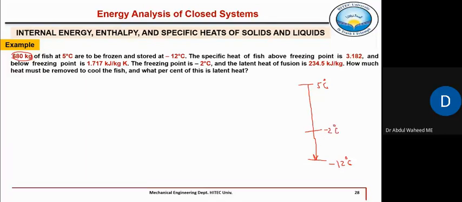Okay. So the specific heat of fish above freezing point. For this region, 5 to minus 2, the specific heat of fish is a combination of liquid and solid. So it's not a gas, so there is no need to write Cp or Cv. It's just C, specific heat, and that is 3.182.